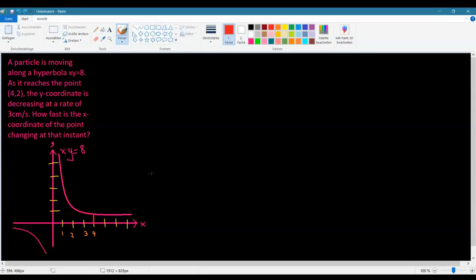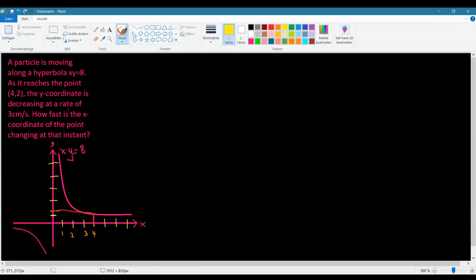Well, it's just a sketch. It'll be like right here, right? Let's not make it look like that's 1. 1 is somewhere there. So we have this point right here. We have a hyperbola. We have a particle that is moving down this hyperbola, okay?